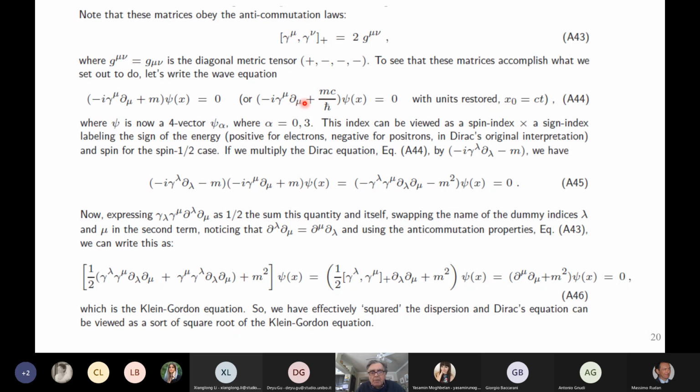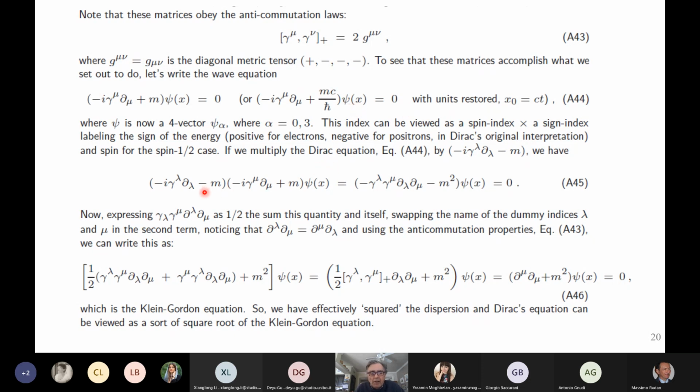And this is now an equation, which is actually a set of 4 equations. So my wave function now is a 4 vector. Not surprisingly, we're doing relativity here. Let me explain what the 4 comes from, which is very interesting.